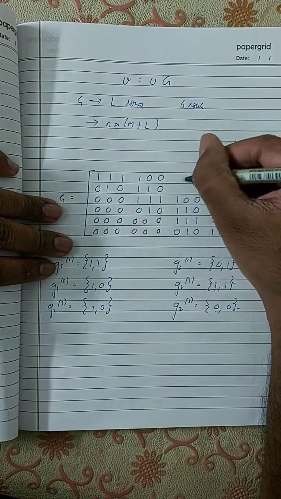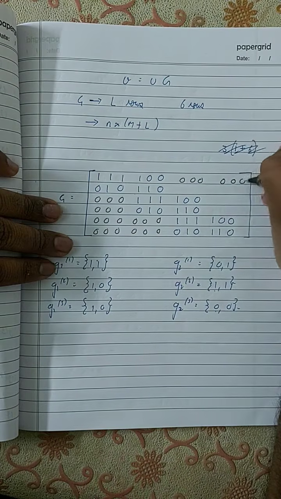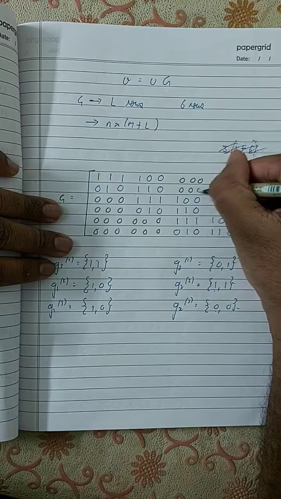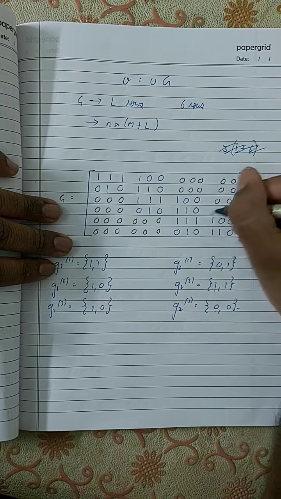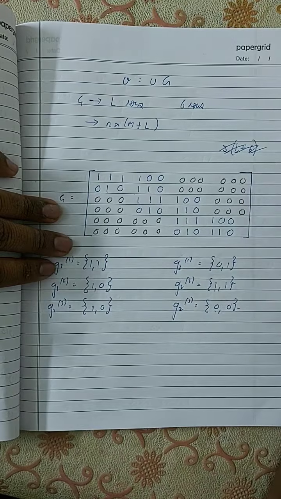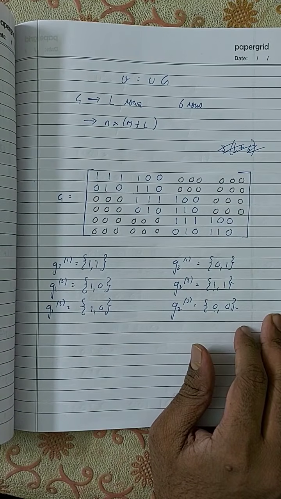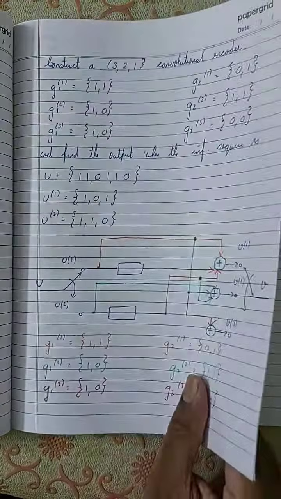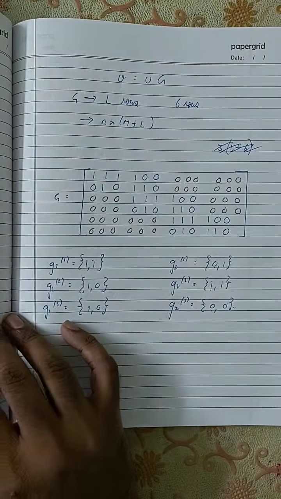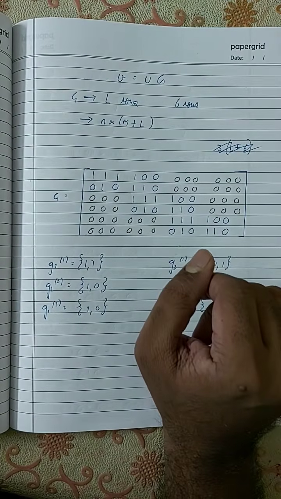Here also it becomes all zeros. Okay, so this is how you do it. This is how you use the values of the generator matrix.